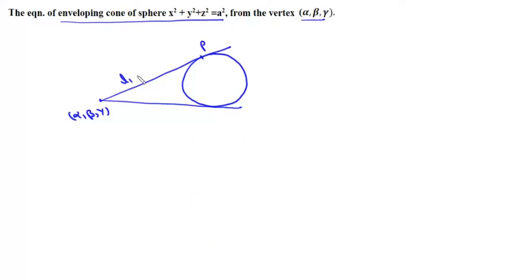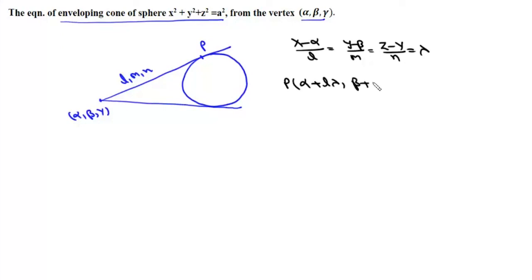and suppose direction ratios are L, M and N. We can write the equation of this line as x minus alpha by L, y minus beta by M, and z minus gamma by N, and say it is equal to some lambda. Then we can write the coordinates of this point P as alpha plus L lambda, beta plus M lambda and gamma plus N lambda.